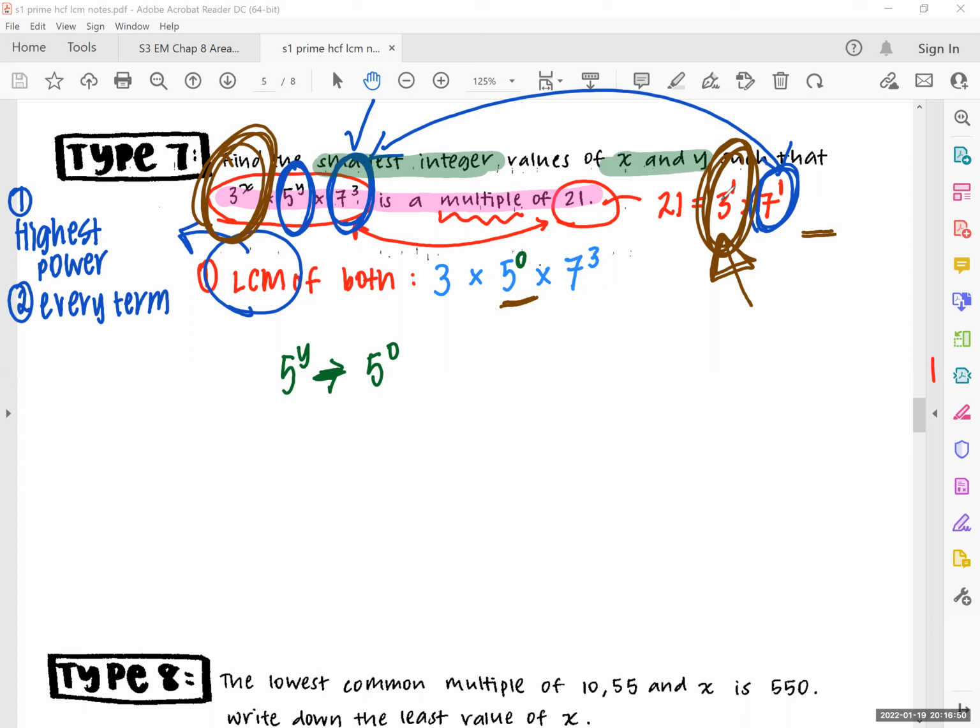So the lowest x can be is 1. So therefore, my answer is x equals 1 and y equals 0. So this question is not easy. It really requires a little bit of thinking and understanding of the concept. Got it so far? The next part we're going to move on to is working backwards, and that will be in the other video. The end. See you.